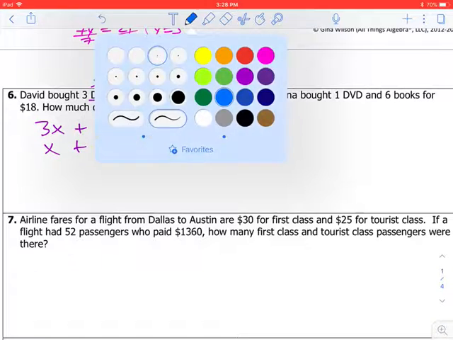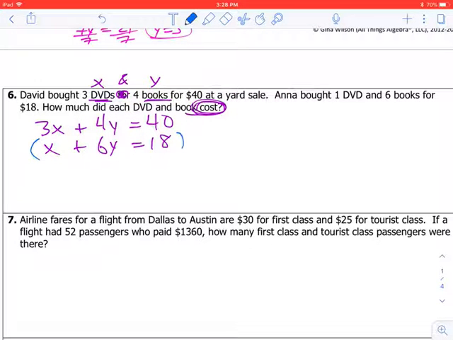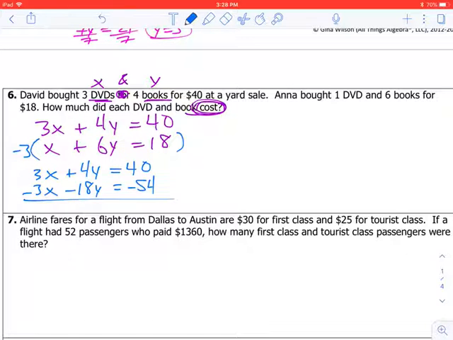And now we can go ahead and multiply. So in this case, I'm going to multiply by negative 3 to make those x's cancel. And so I get negative 3 times x is negative 3x. Negative 3 times 6 is negative 18y. Negative 3 times 18 is negative 54. And now we can go. So we've got negative 14y equals negative 14.